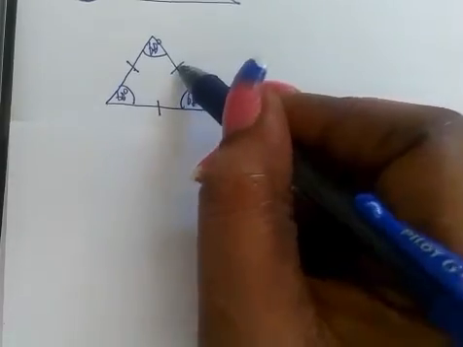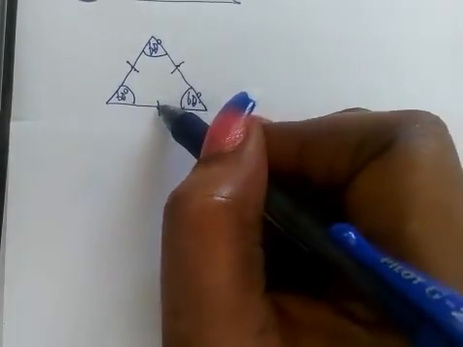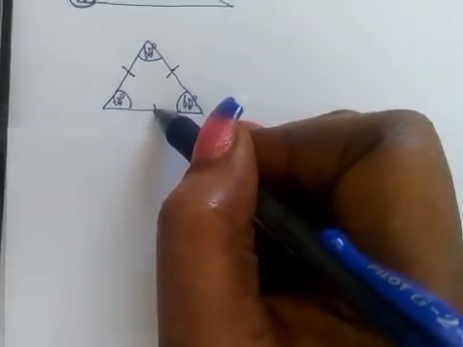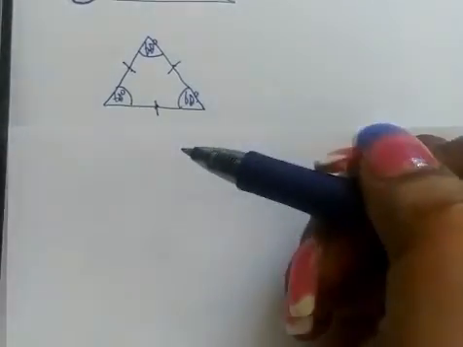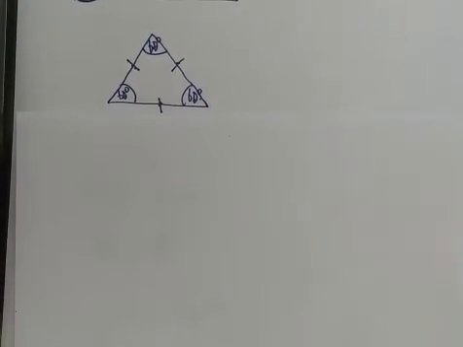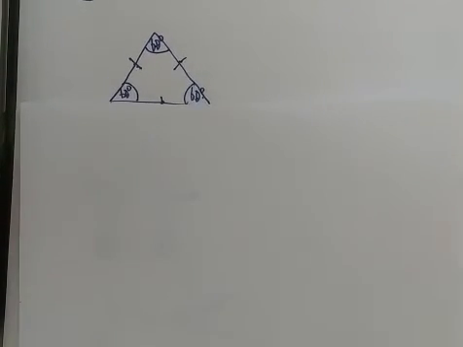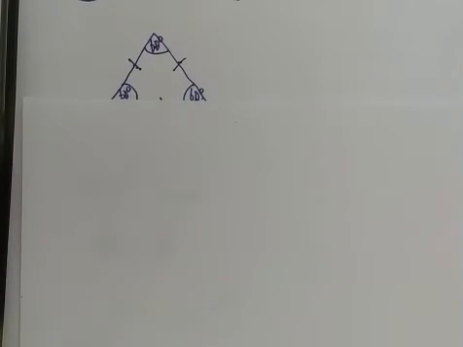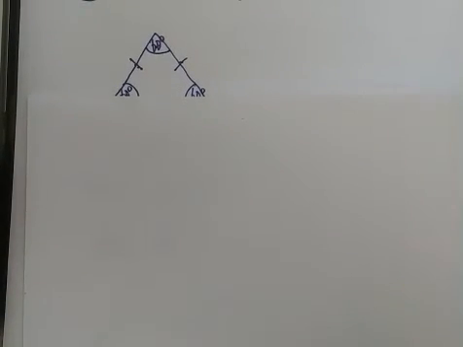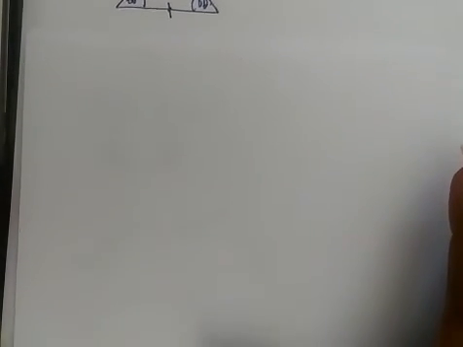These are our indications or the hint that will tell us it is an equilateral triangle. Equilateral triangles are triangles in which all three sides and all three angles are the same length and degrees. Okay, that's our equilateral triangle.